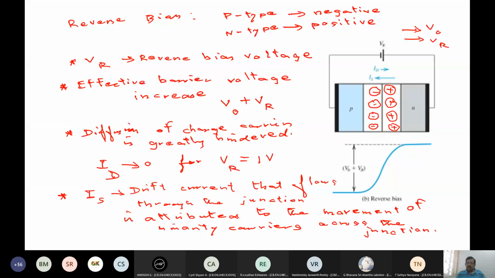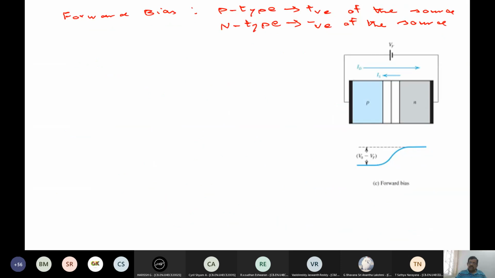But here you see the forward potential is positive here, negative here. Now the built-in potential, if you see, is in this direction.